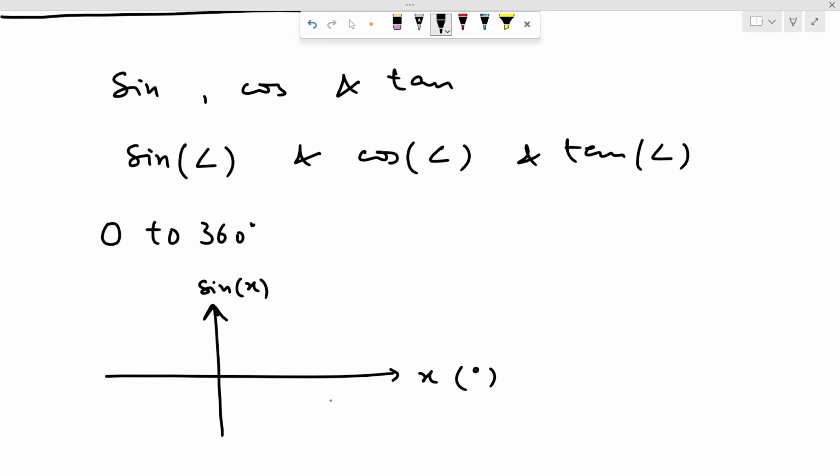So it's in degrees. The sine function goes from 0 to 1, then back to 0 at 180 degrees, then it goes to a minus 1, and then back to 0 at 360 degrees.